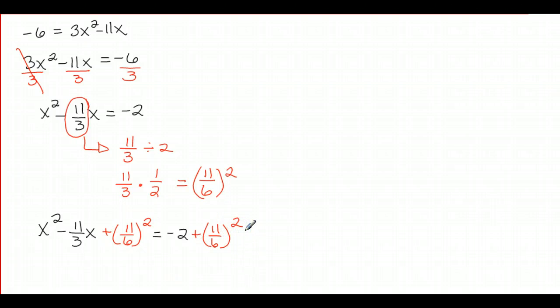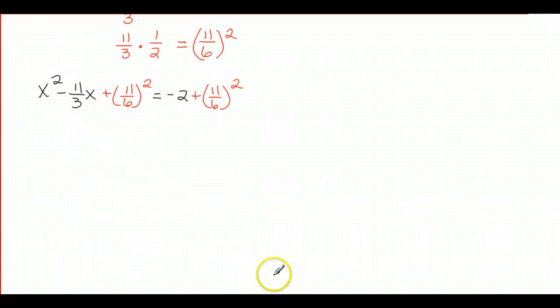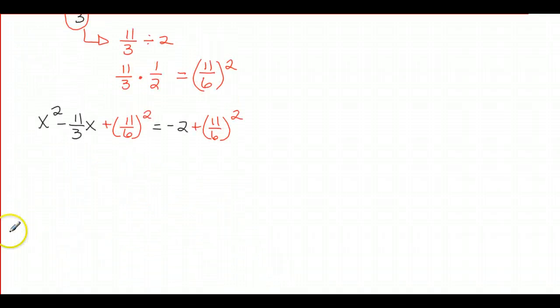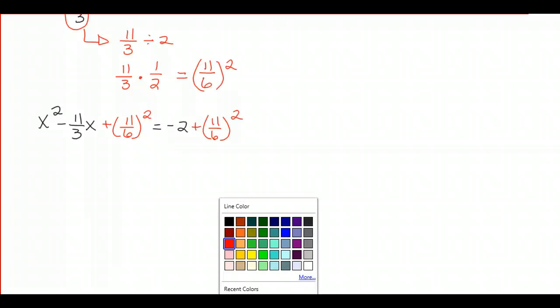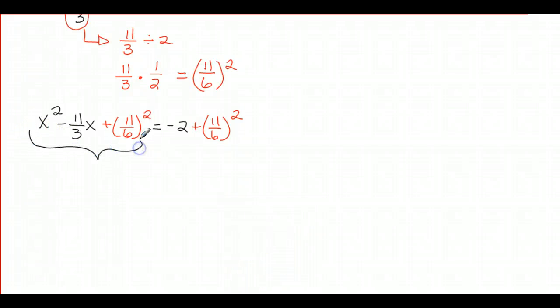Now that I've done that, we want to actually calculate what is negative 2 plus 11 over 6 squared. So I'm going to extend the page just a little bit more, and for time's sake, if you want, you can go ahead right away and factor.